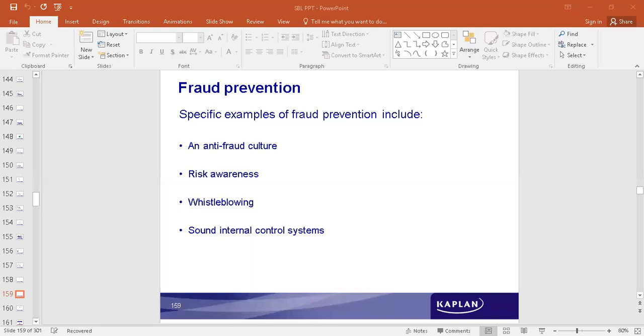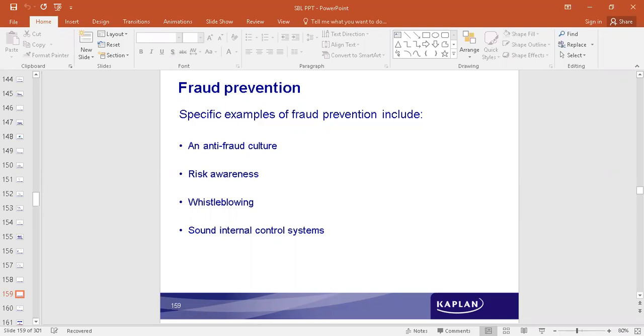Whistleblowing talks about gathering feedback without letting the identity of the person sharing the details be revealed in any case. Maybe some kind of hotlines can be arranged where they can share the information about the fraud happening, so no one would get to know who has complained or who has brought it to notice. That's the concept of whistleblowing.